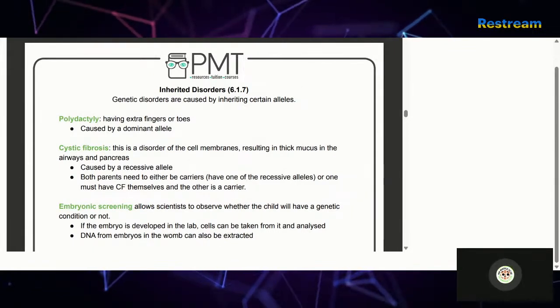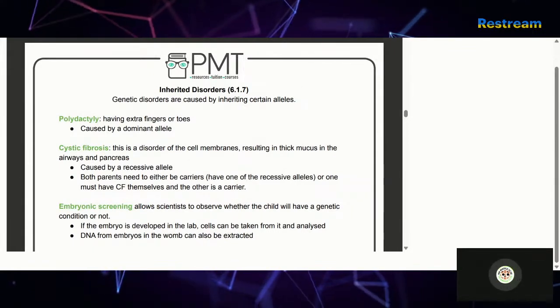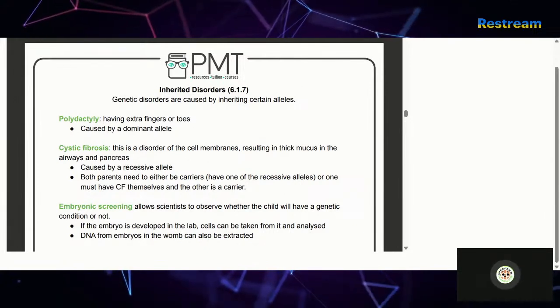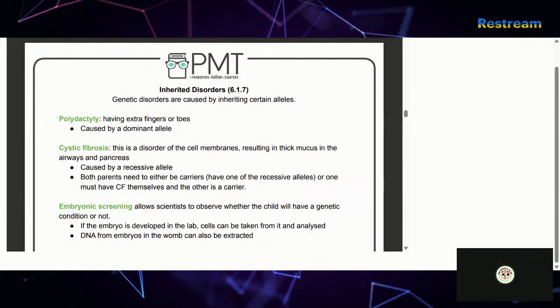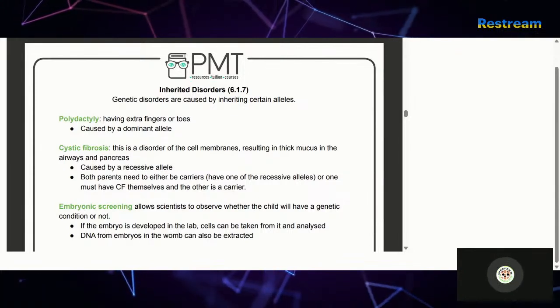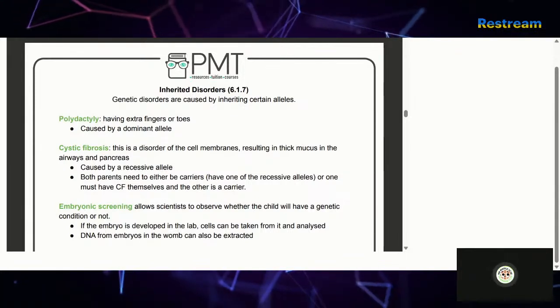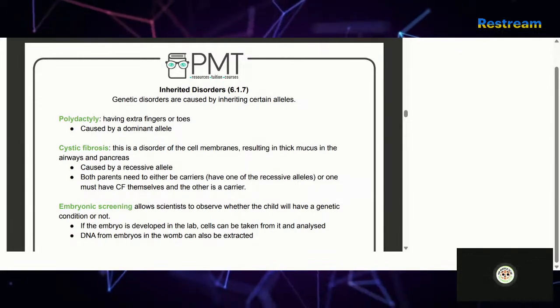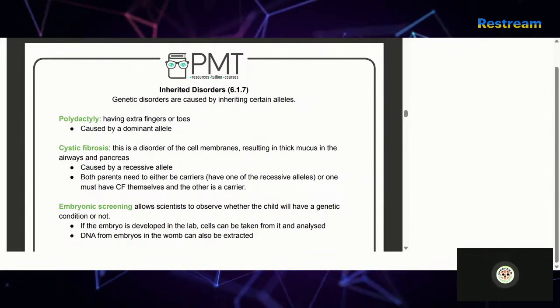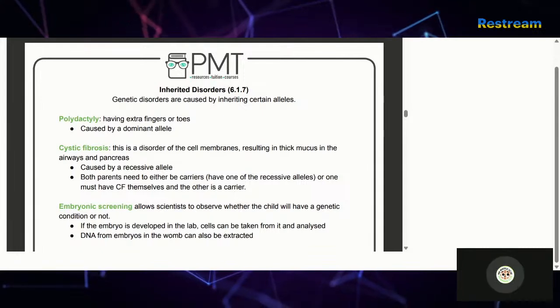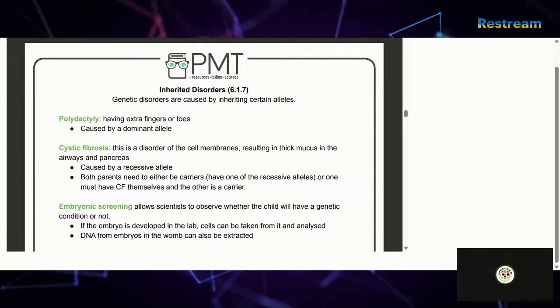Now, the allele that causes it is represented by the lowercase f, and because it's recessive, as we looked at in the Punnett square and in the genetic diagram, people with only one copy of the allele won't have the disorder. So both parents have to carry the allele in order for the kids to have it, because it's recessive.